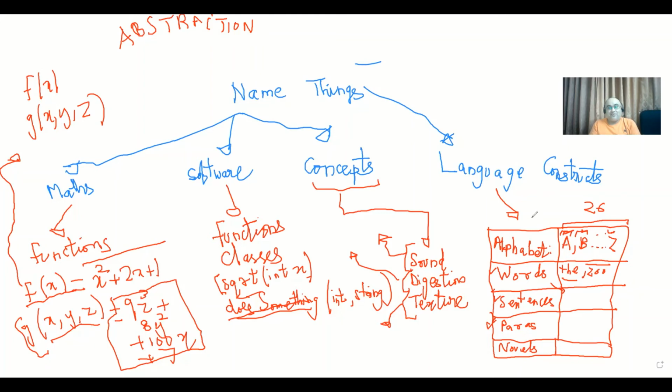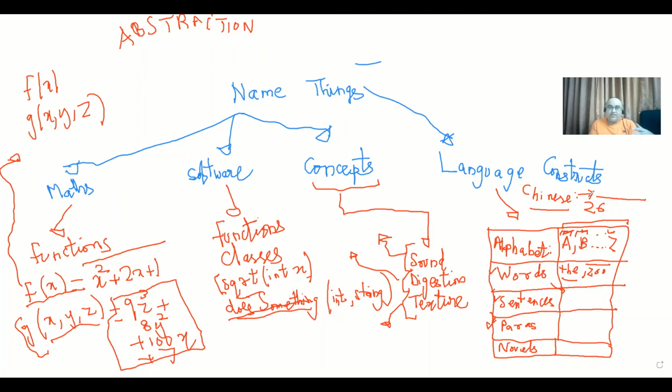Like for example, as opposed to English, the Chinese alphabet has a different feel to it altogether because it's much larger and its correlation with sounds is not of the type that it is in English, for example. And yet, this again is also abstraction in action.